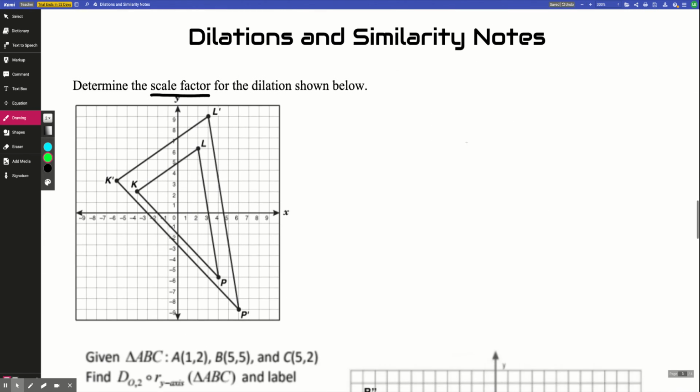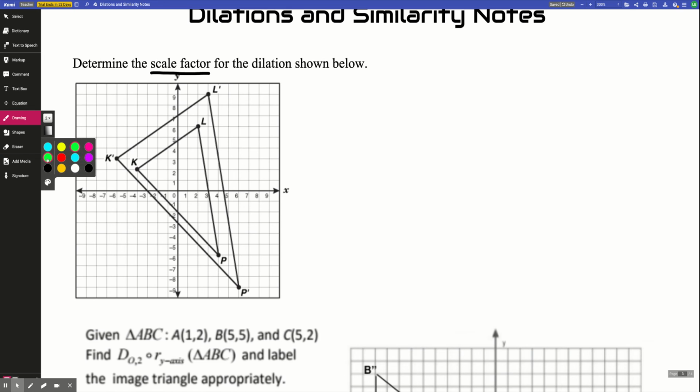That's what the function notation tells us. So we can work backwards from the coordinate points that we have in order to figure out what the scale factor is. It'll be the same no matter which coordinate point you choose.